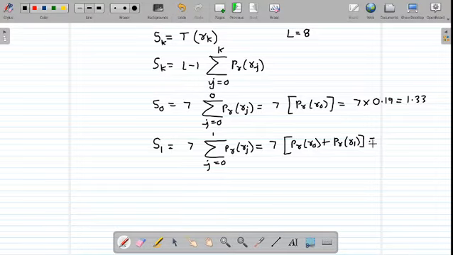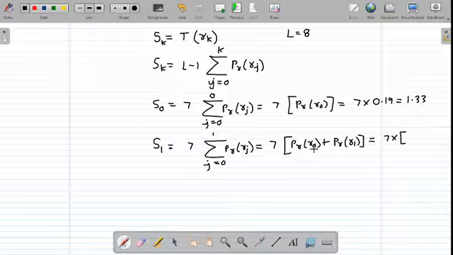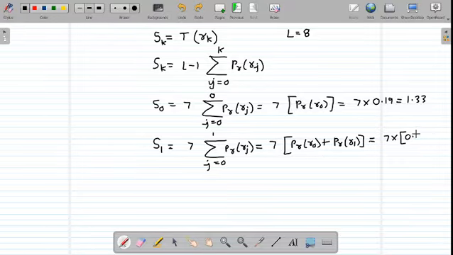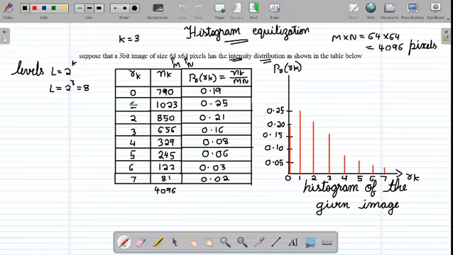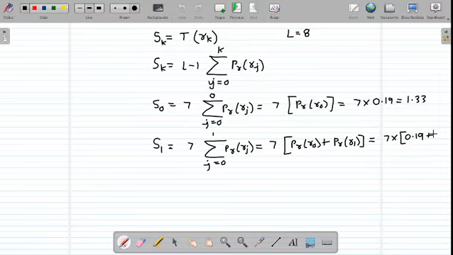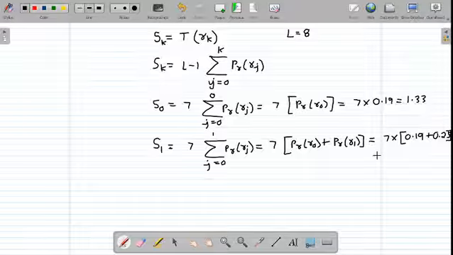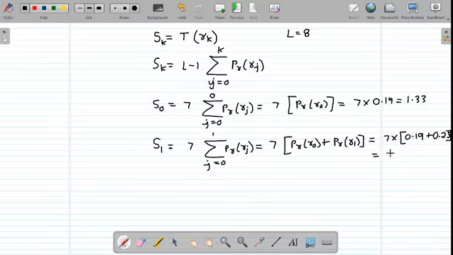So 7 into the probability of R naught, which you know is 0.19, plus the probability of R1, which is 0.25. That would be 3.08. So S1 equals 3.08.